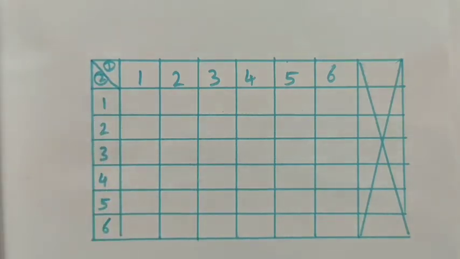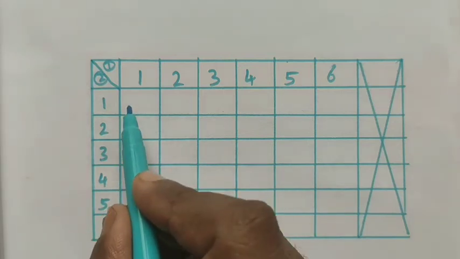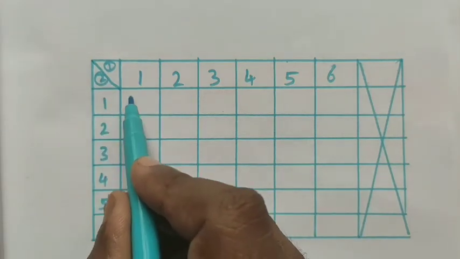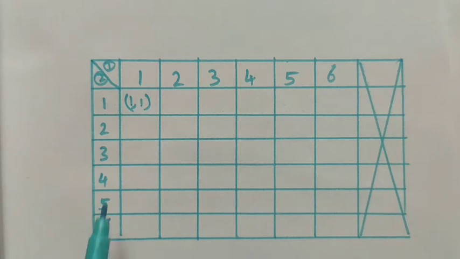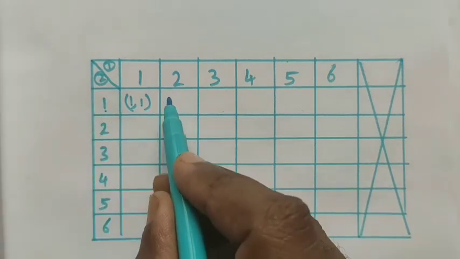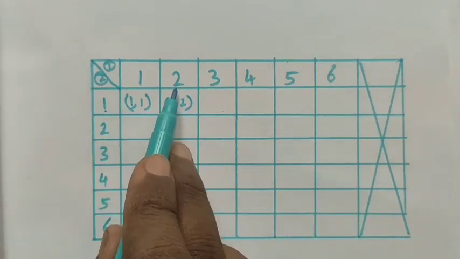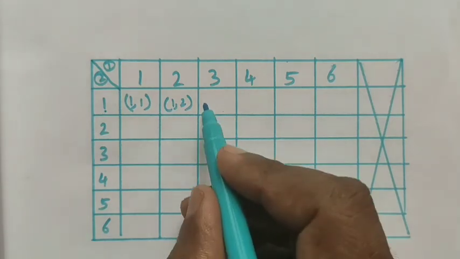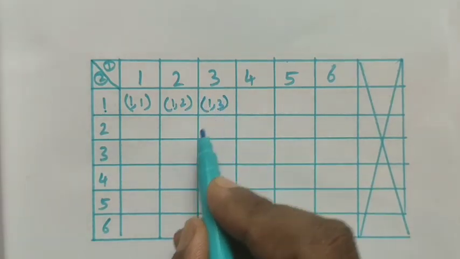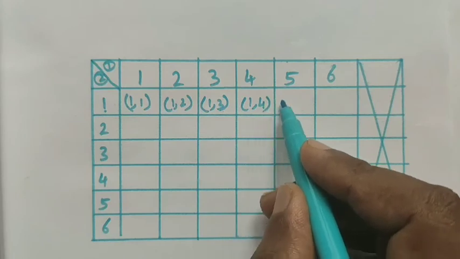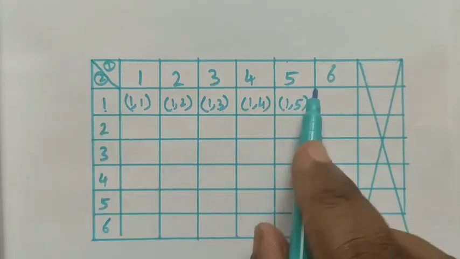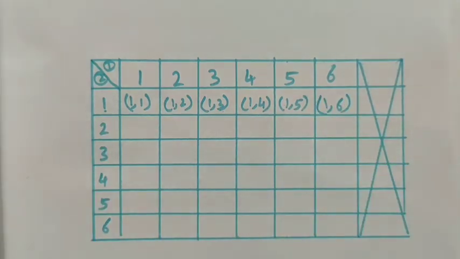Now we want to write the sample space, it is in the form of 1 comma 1, and then 1 comma 2. The first point is 1 and then second point is 2. 1 comma 2, and then 1 comma 3, and then 1 comma 4, 1 comma 5, and last is 1 comma 6.